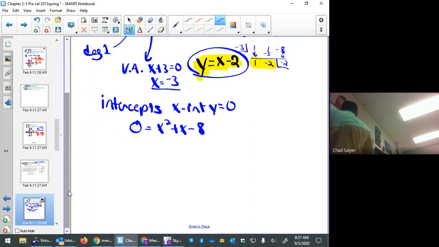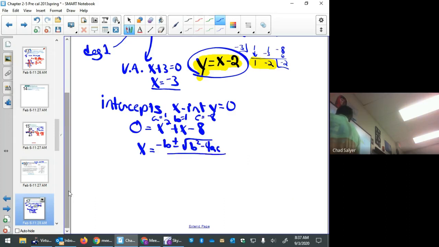The way to solve this, the quadratic formula is your best way. So x equals, here we have a equals 1, b equals 1, c equals negative 8. So x equals negative b plus or minus the square root of b squared minus 4ac over 2a.